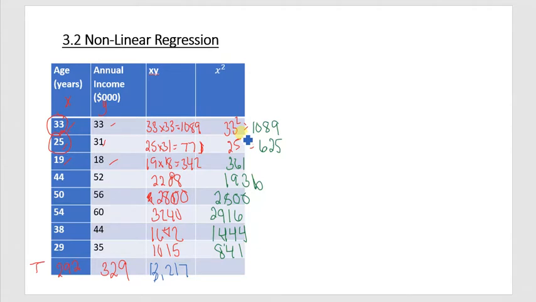Same thing for the x squareds: I'm going to go down the entire column, 29, 16, 1, 4, 4, 4, and I get 11,712.